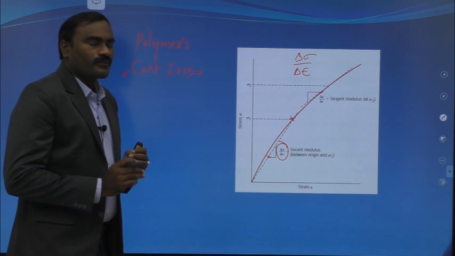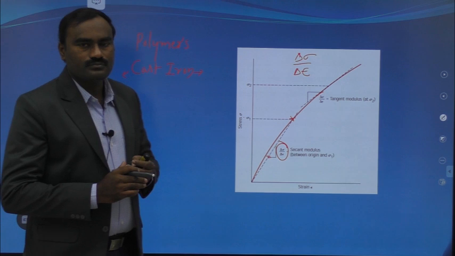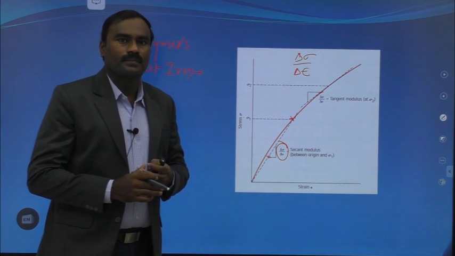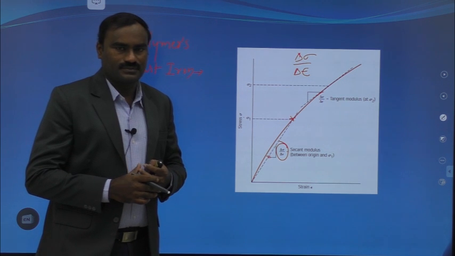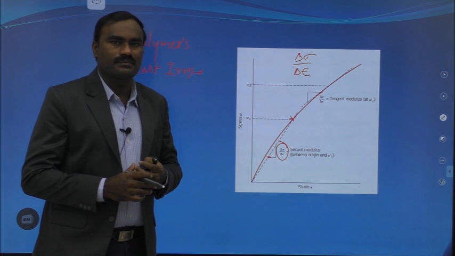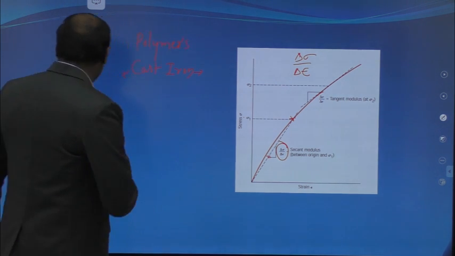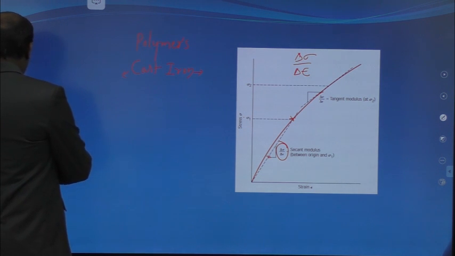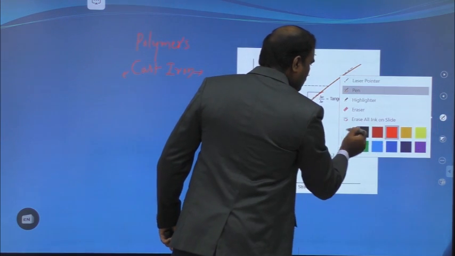Now, why are some materials stiffer and why are some materials softer? In other words, why do some of the materials have a high modulus of elasticity, and why do some materials have a low modulus of elasticity?